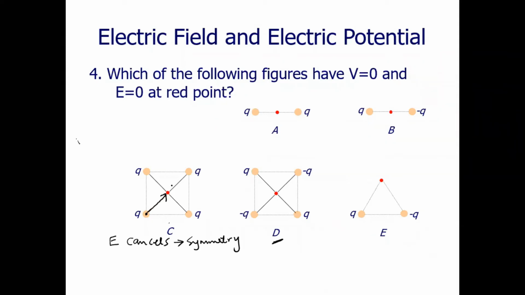But then there is also this charge at the corner here, producing an electric field. Now since these charges are equal, and these distances are the same, because this is a square, these two electric fields are going to cancel out. So that is coming from the symmetry.